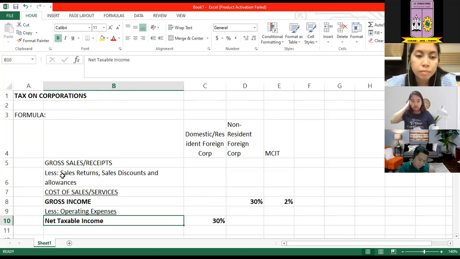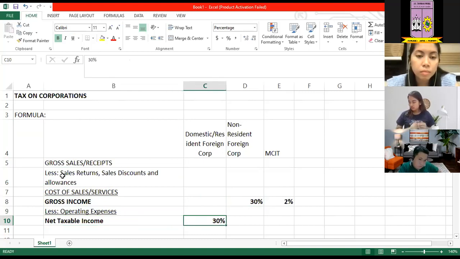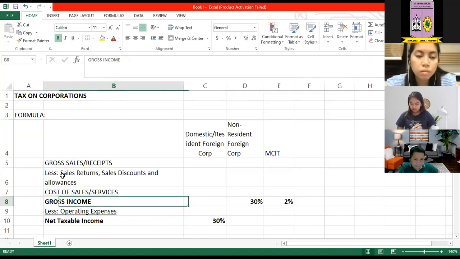Para makuha mo yung net taxable income, tsaka ka mag-multiply ng 30%, tama? Okay? So, after mo i-multiply ng 30%, makukuha mo yung income tax, okay? Income tax due. Ngayon, yung income tax due mo, i-compare mo yan sa 2% of the gross income. Kung sino yung mas malaki, yon ang babayaran ng taxpayer. Nakuha nyo? Let's have an illustration, no, para maintindihan mabuti yung minimum corporate income tax.